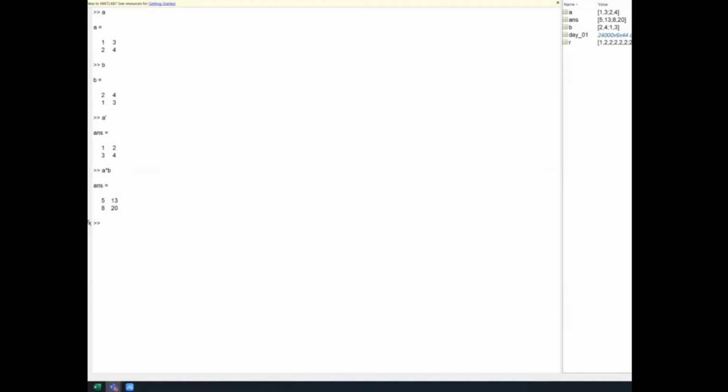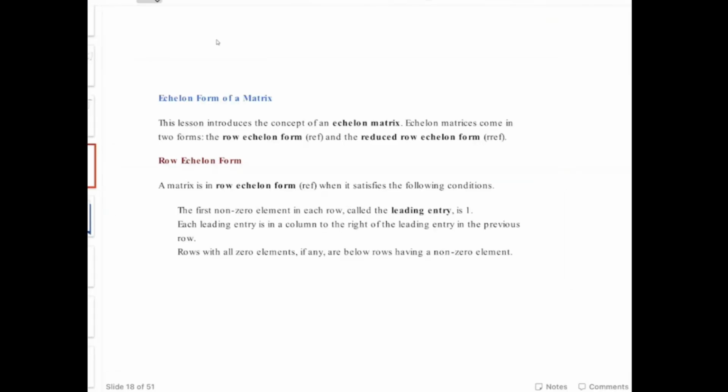There is a concept of echelon form of matrices. That means if you can reduce the matrix to a form that contains independent vectors. So we say that a matrix is in a row echelon form when it satisfies the following conditions.